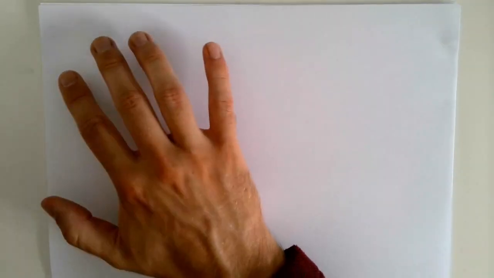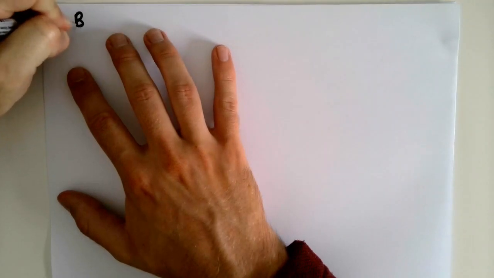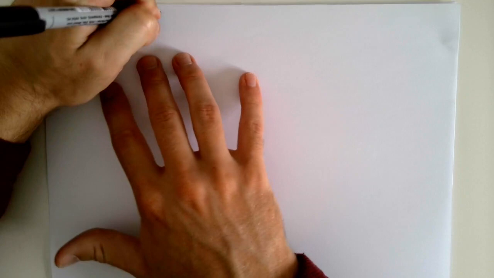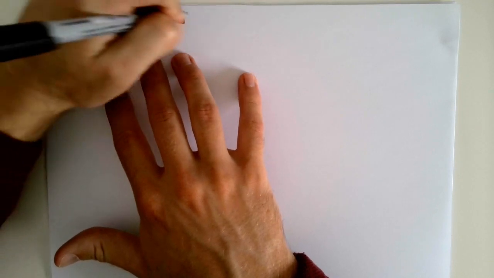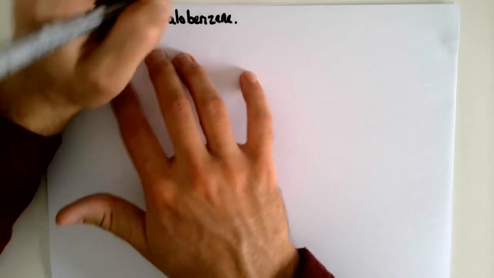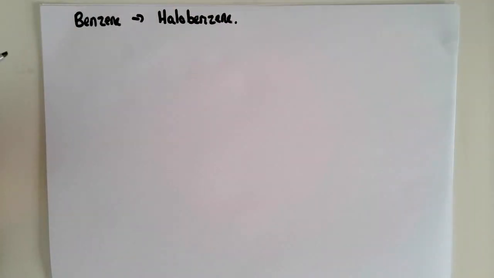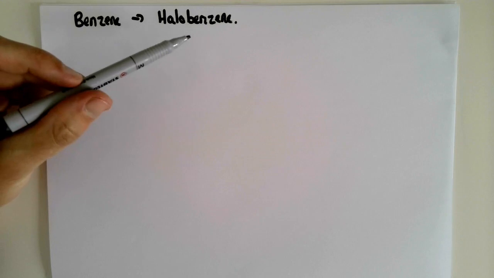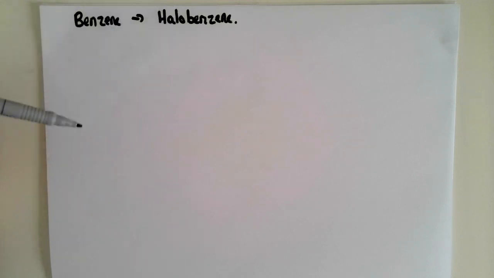Okay, so in the second reaction, what we're going to do is convert benzene into halobenzene, so some sort of halogen onto the benzene ring. I'm going to do it in general terms, so I'm going to use X to represent a halogen, but it could be chlorine, so it could make chlorobenzene, it could make bromobenzene, any sort of halogen getting substituted on.